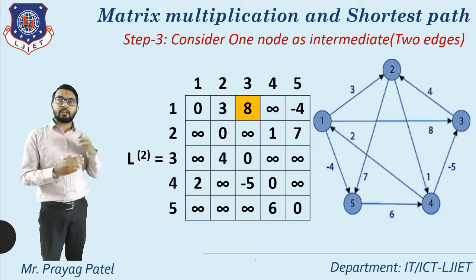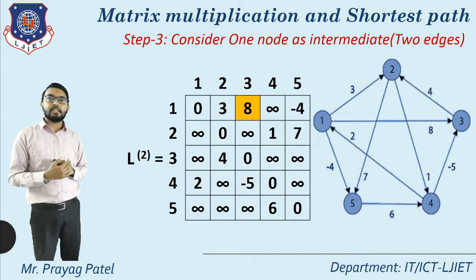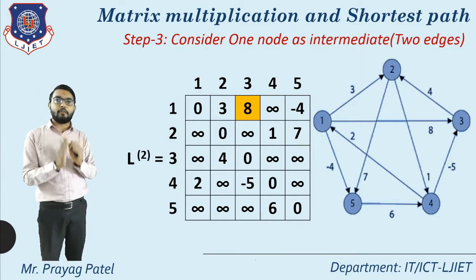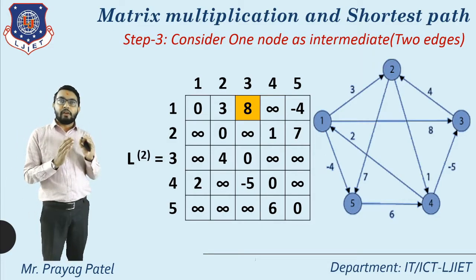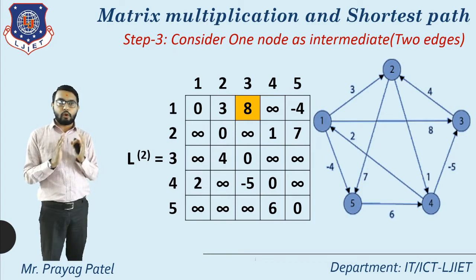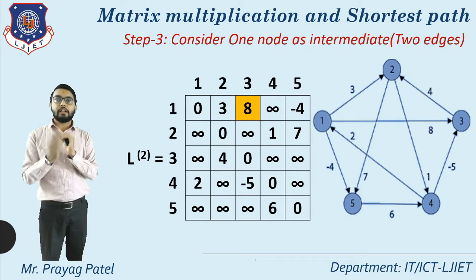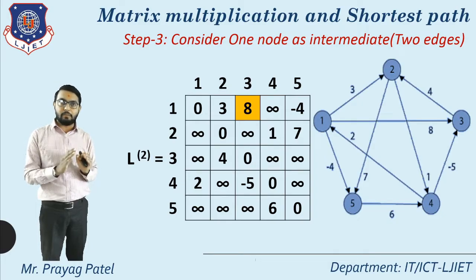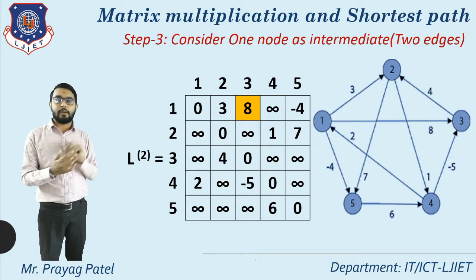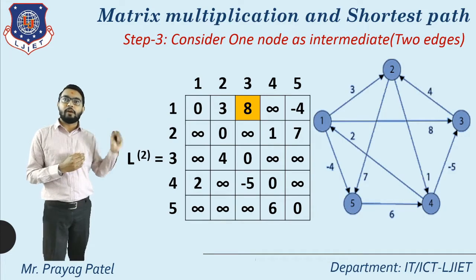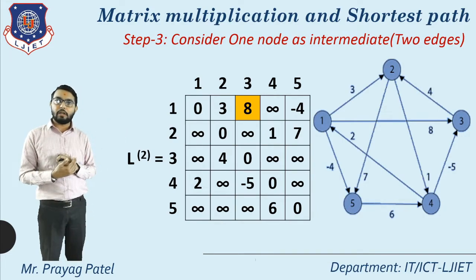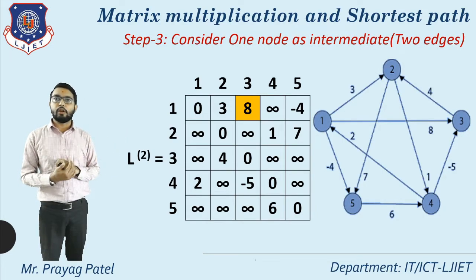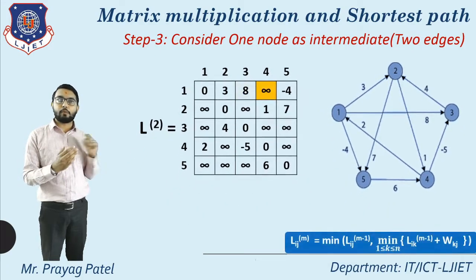Now consider the next location as 1 3. If you want to find the distance from 1 to 3, then is any path available? Already you found the direct path, but according to one intermediate node, you will check whether any path is possible or not. So here consider from 1 to 3, is any path possible according to one intermediate node? No, any path is not possible.